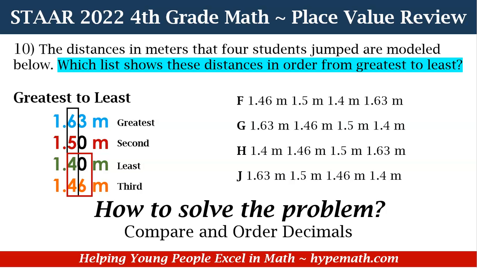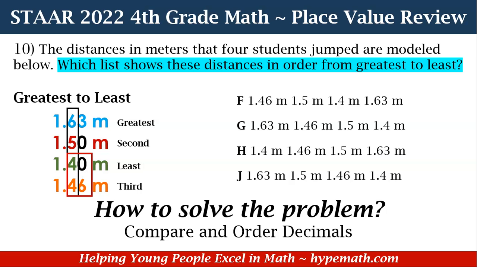We said whenever we compare and order decimals, the first thing we need to do is write down all of our values in the same place value. And since we have a decimal, if you notice, our decimals are lined up in a straight line neatly. Why is that important?